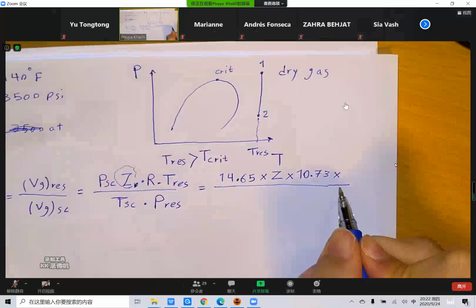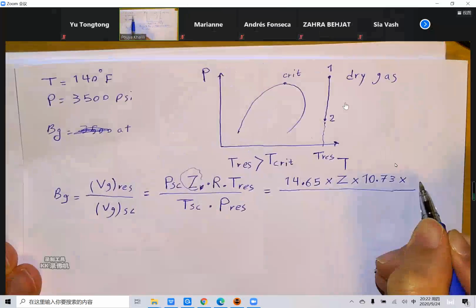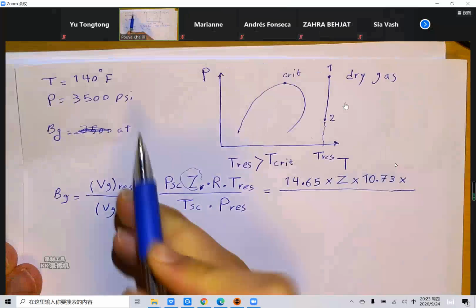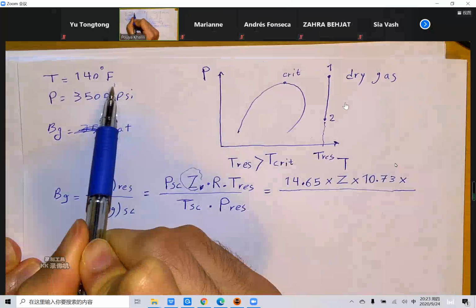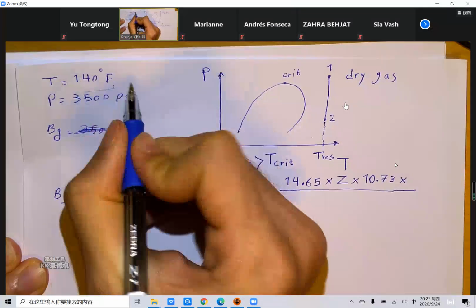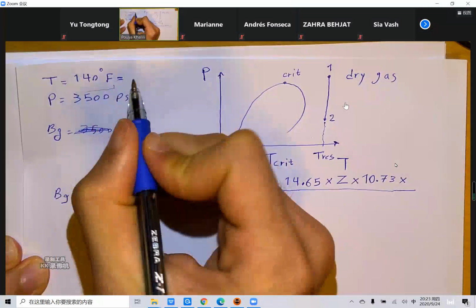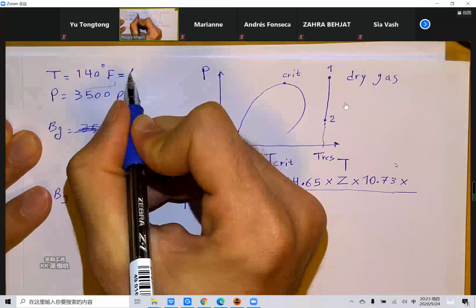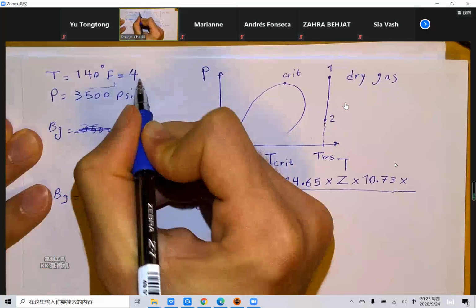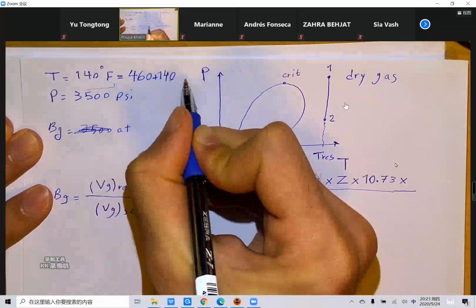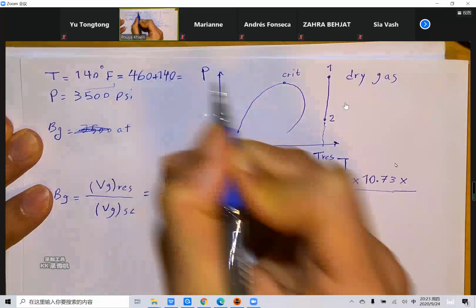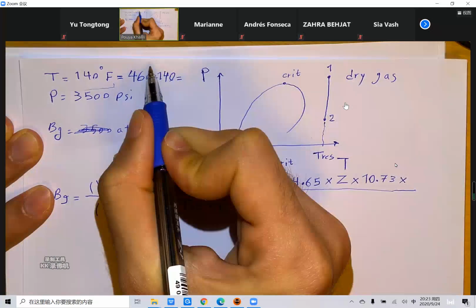And the reservoir temperature, as I showed you here in the question, is 140 Fahrenheit. Converted to Rankine degrees, this gives us 600 Rankine.